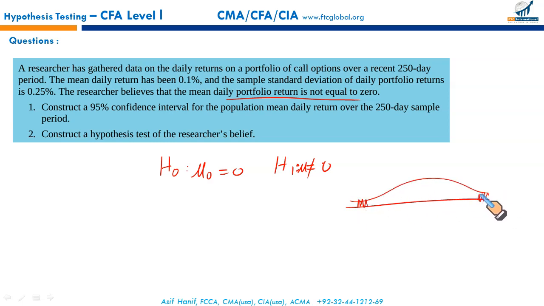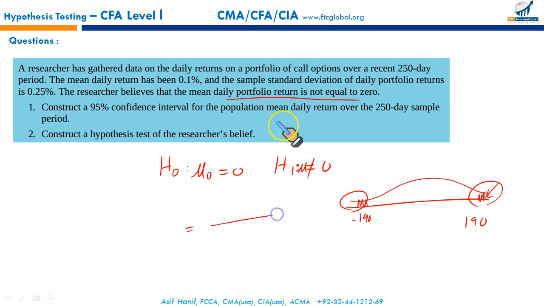Now, this is the critical region. So if your test statistic is less than negative 1.96, or if it is greater than 1.96 in this region, then we will reject the null hypothesis. Now let us use the standard error of the sample mean to calculate the test statistic.